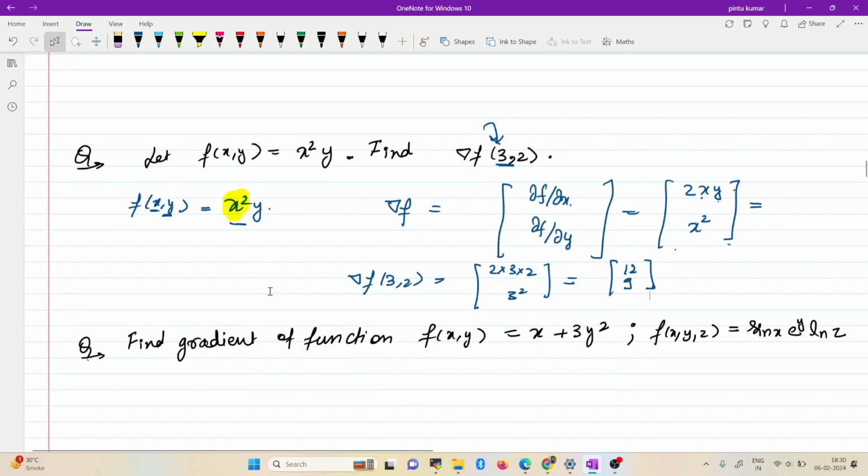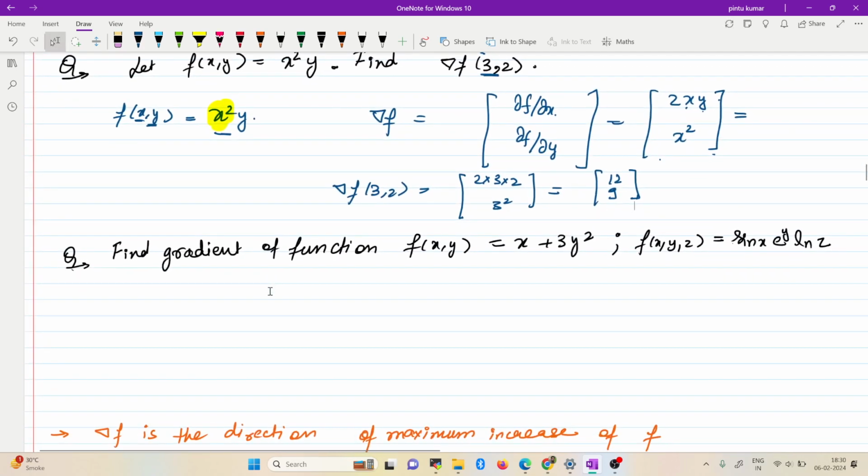Can you guys try this particular function? My f of x, y is given as x plus 3y square. I'll wait for a couple of minutes. Can you please type?